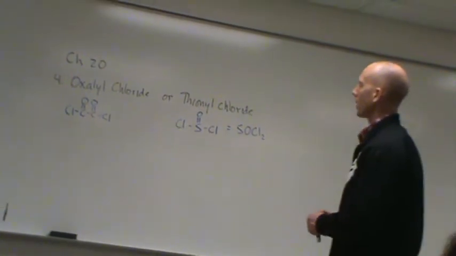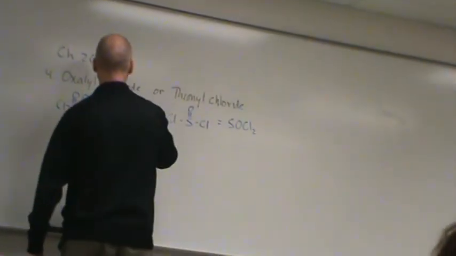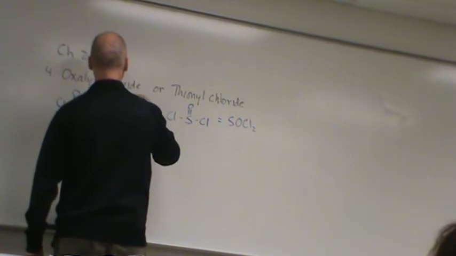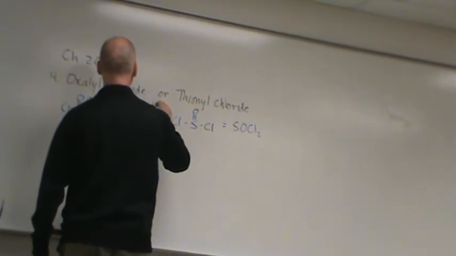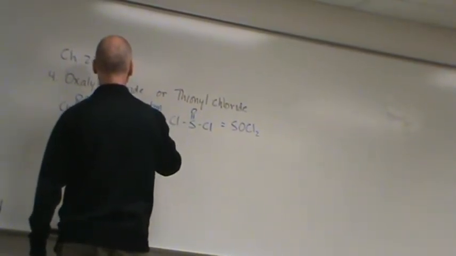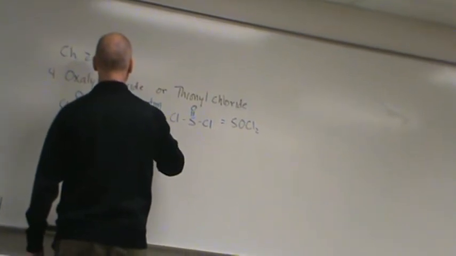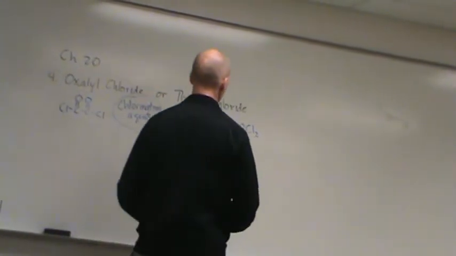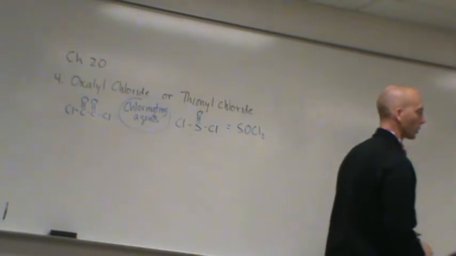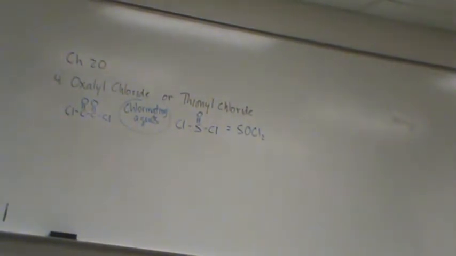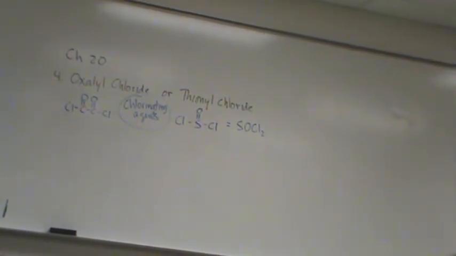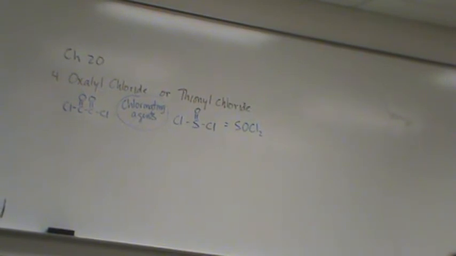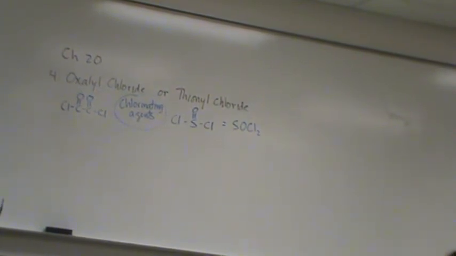So what these two are, these are both what are called chlorinating agents. What do you think a chlorinating agent is? Puts on a chloride. Yeah, it puts on a chlorine somewhere.